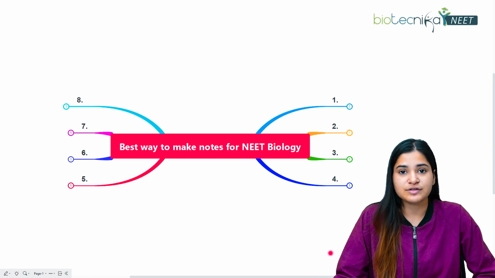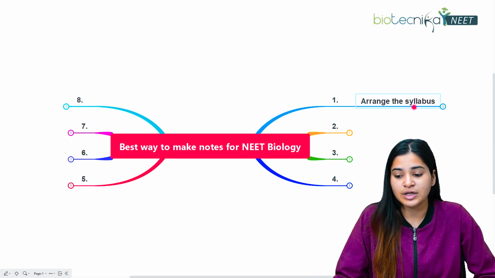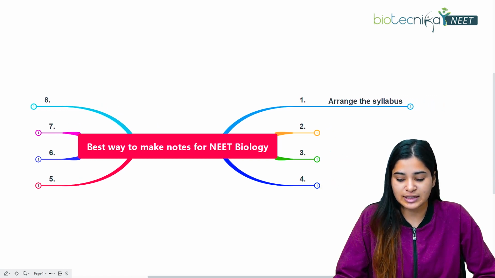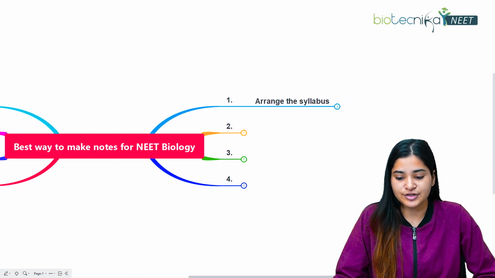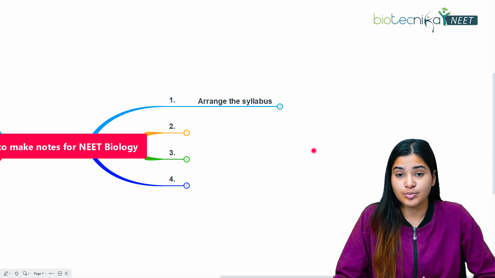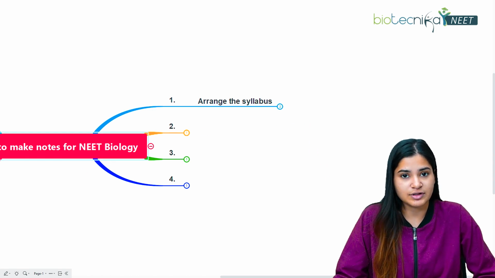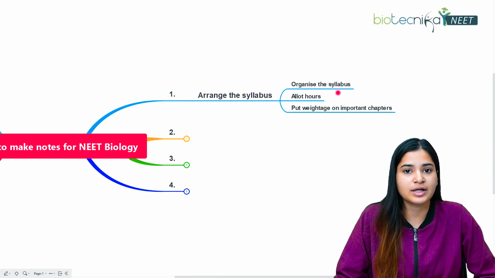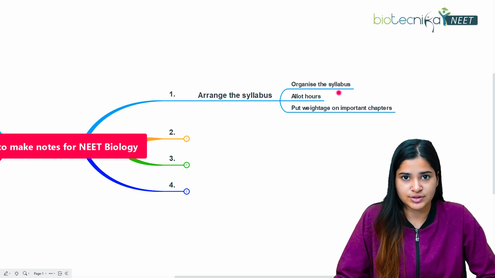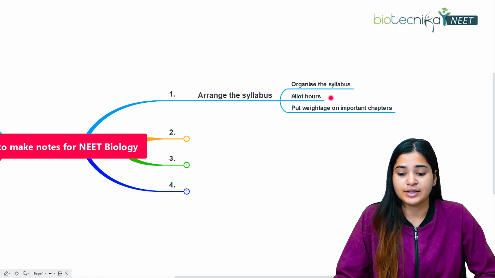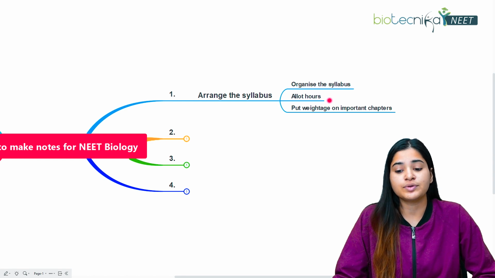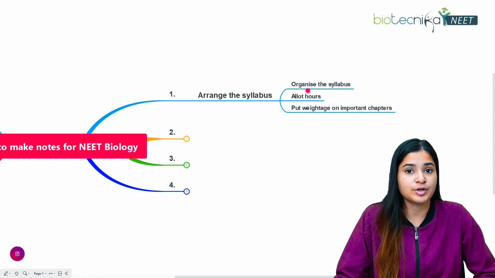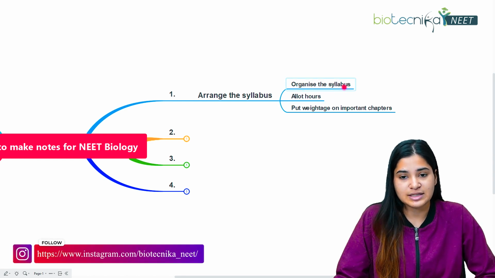First of all, what is important before you prepare your notes is that you should arrange the syllabus. You can take a printout of the syllabus and arrange it by botany and zoology, because we are concerned with the biology section here. You can organize the syllabus based on your ease: how you want to approach botany or zoology, which chapter you want to study first, or which chapter you want to prepare notes for first.